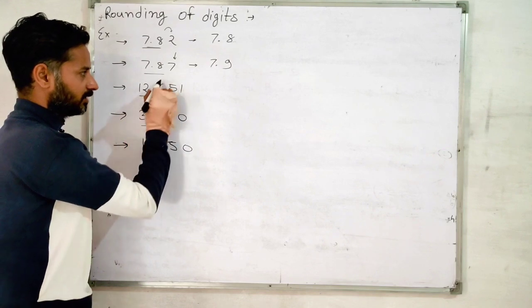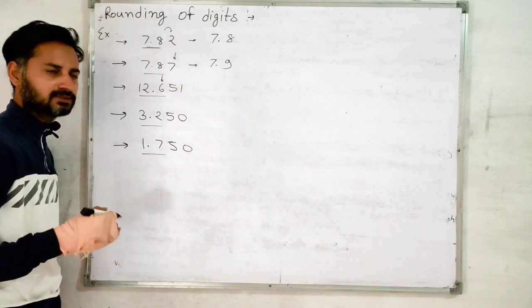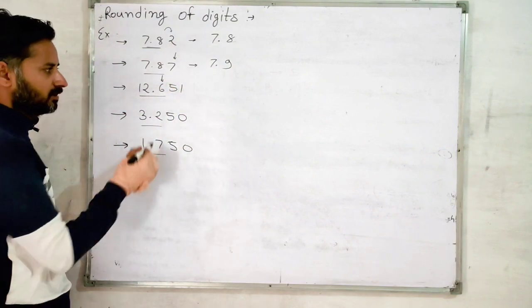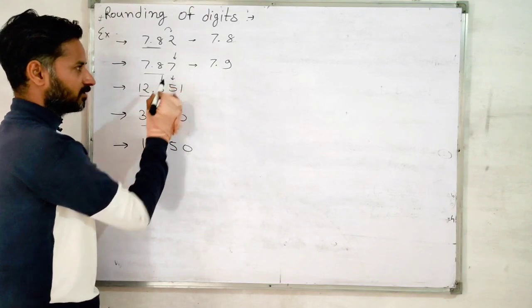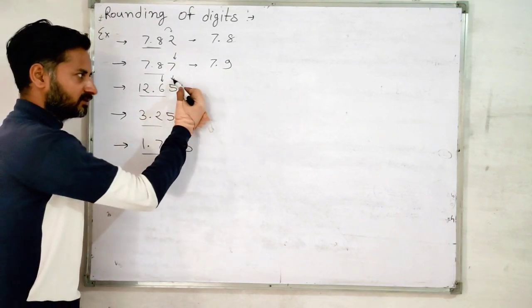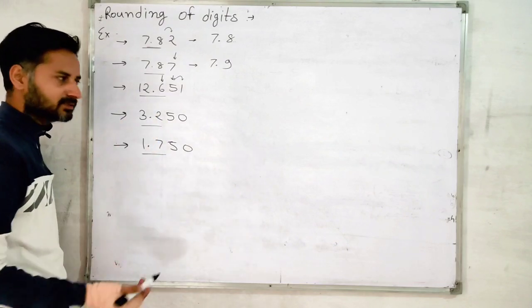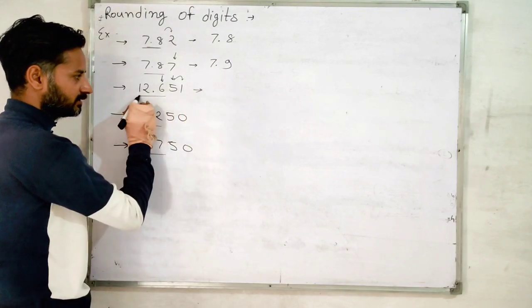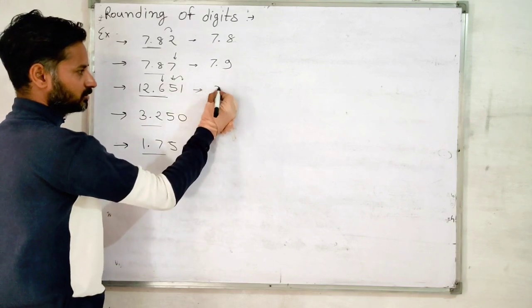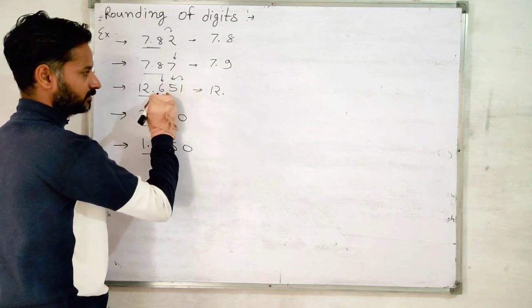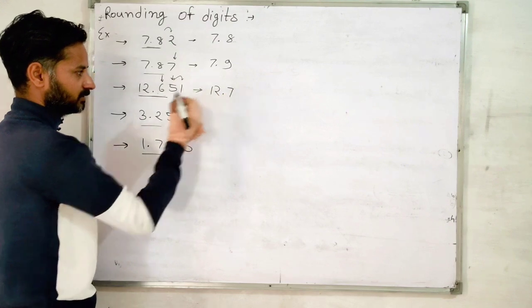If the digit to be rounded off is 5 and after this there is a non-zero digit, then the preceding number will be increased by 1. So in this case the number becomes 12.7.